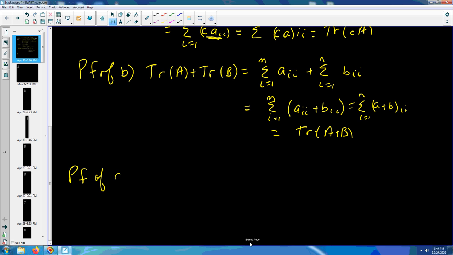Proof of part C. The trace of AB is the summation of A_ik, B_ki, because i and j are the same.